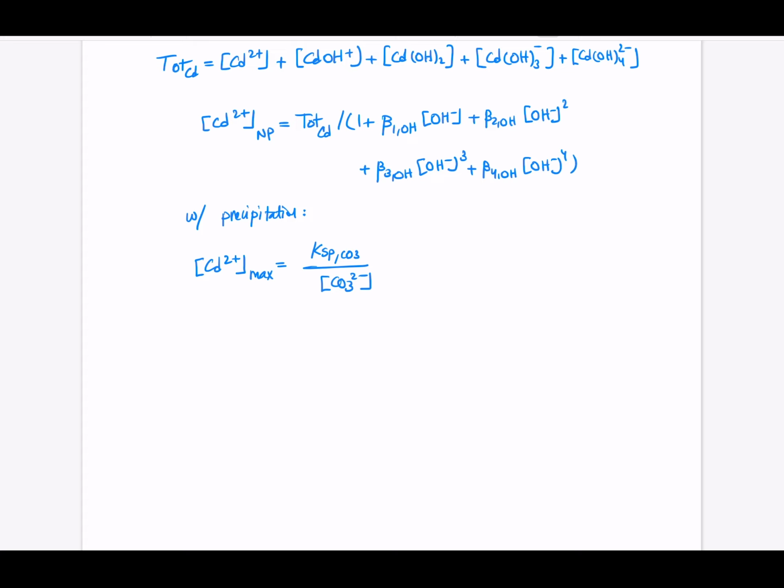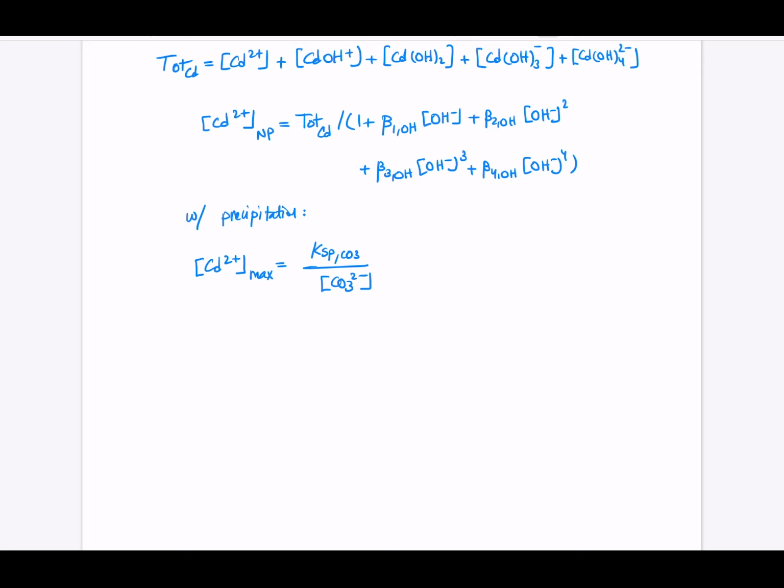So now we have the no-precipitation concentration and the max concentration. The next step was we calculate both of these two. The minimum would be the one that we can use to calculate other species concentrations.